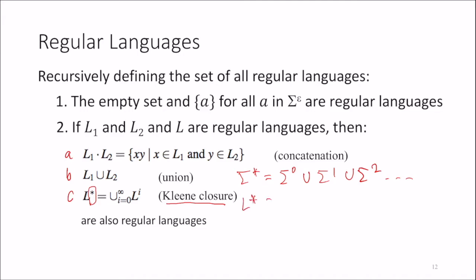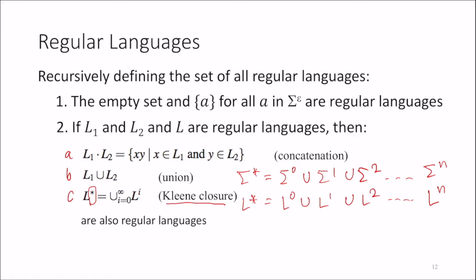L star is exactly the same, except we have L0, L1, L2, all the way to Ln. And just like here, n can be any integer that you want, tending to infinity. So it's the same idea, except you're starting from a language instead of the alphabet.